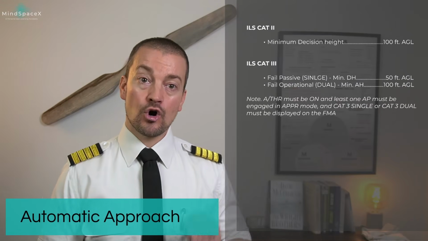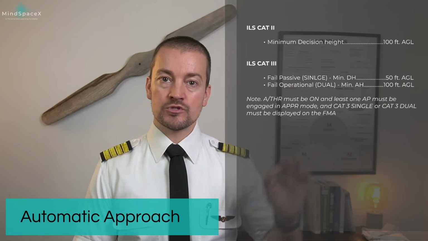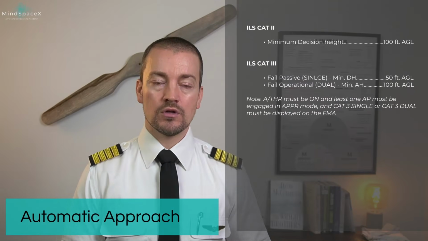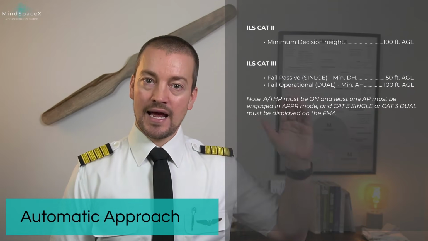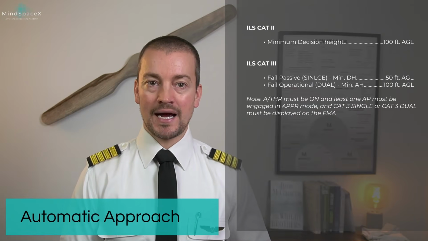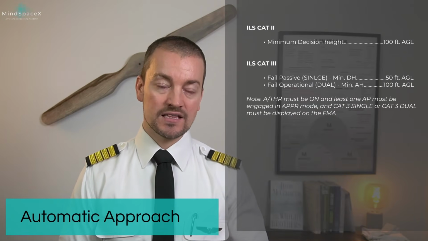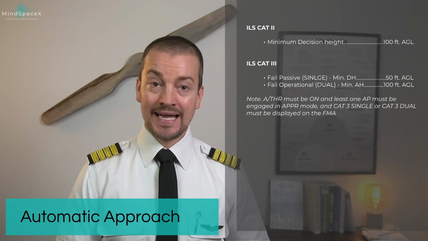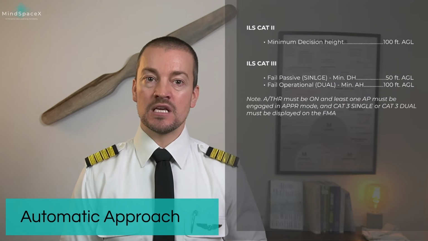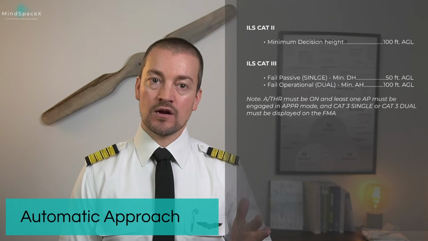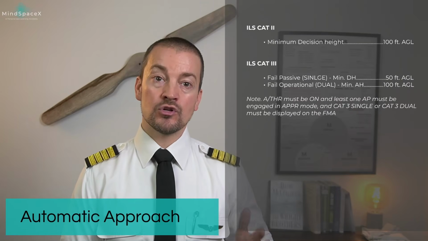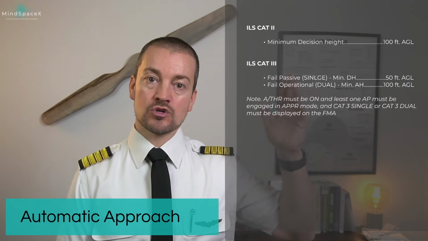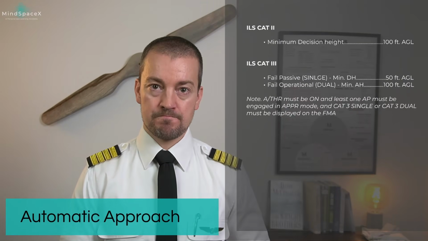In the chapter on autoflight, I covered the difference between single and dual. Being in Cat 3 dual, we have 2 autopilots, 1 active, 1 standby, and the capability allows the autoland, the aircraft, to continue flying if it loses an autopilot, hence why it's called fail operational.